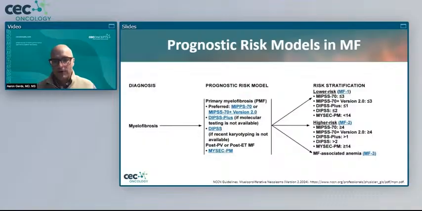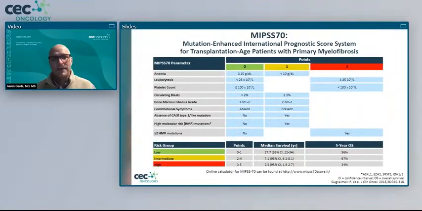In higher risk patients, we know that transplant outperforms non-transplant therapies. And in those patients, we would consider transplant earlier rather than later. However, in lower risk disease, the time horizon for progression is so long that we typically reserve transplant in those patients.